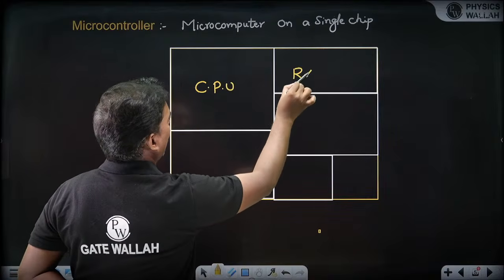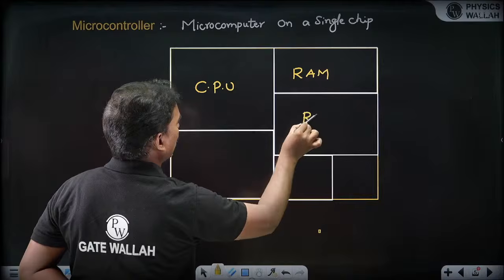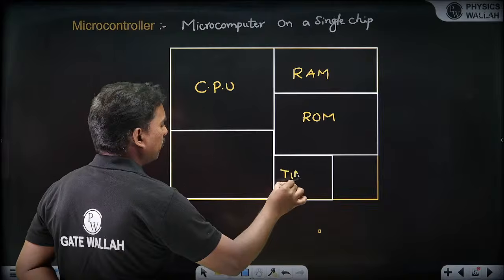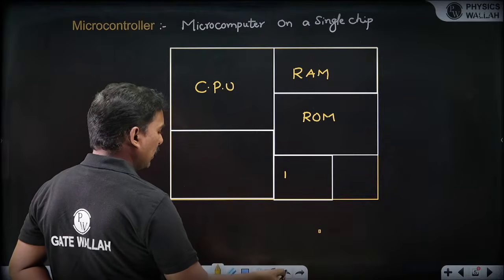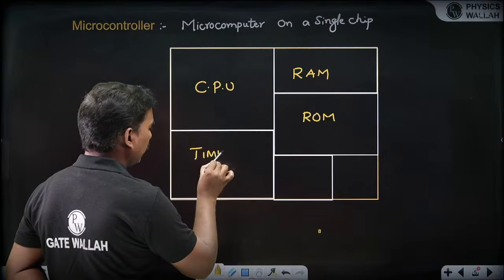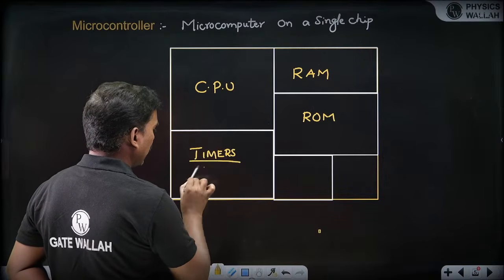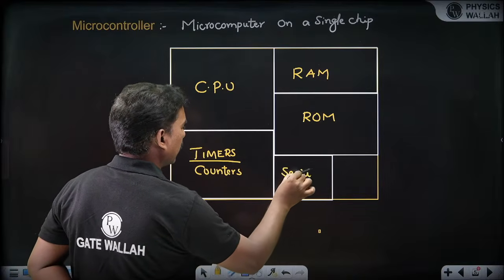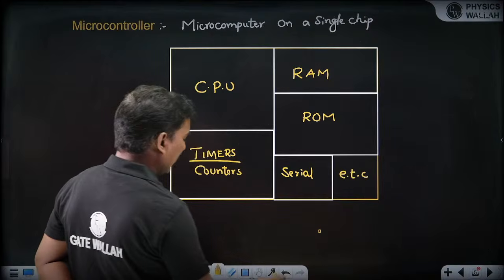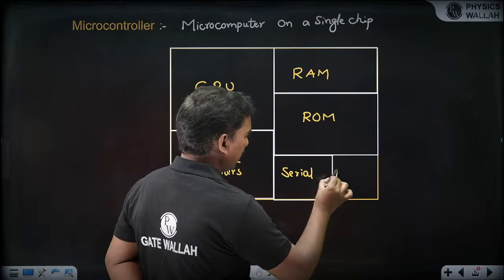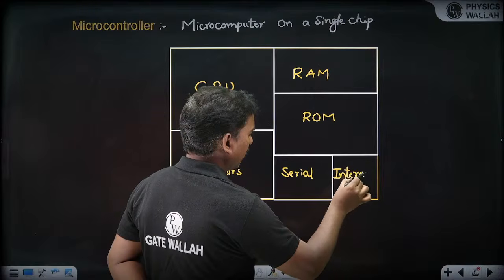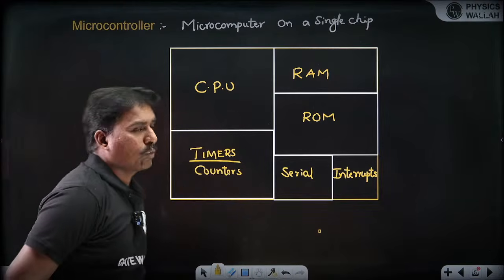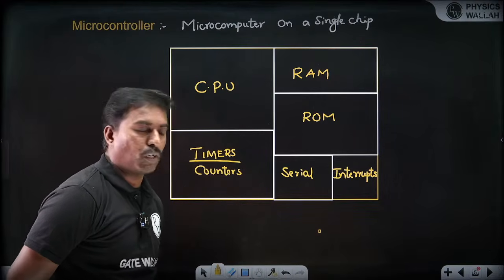There is an inbuilt RAM, random access memory, inbuilt ROM. Okay, so there will be timers. So many features are there, like timers, counters, serial data communication, etc. Interrupts. Okay, interrupts. So these are called microcomputer on a single chip. Microcomputer on a single chip is called as microcontroller.